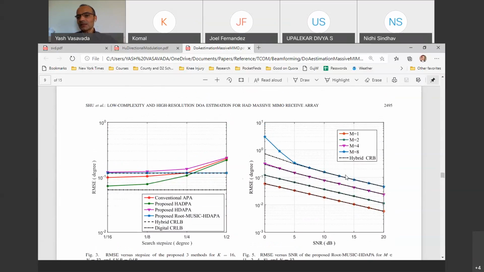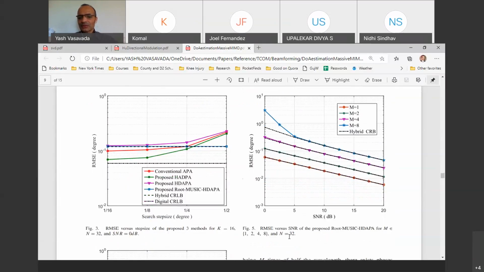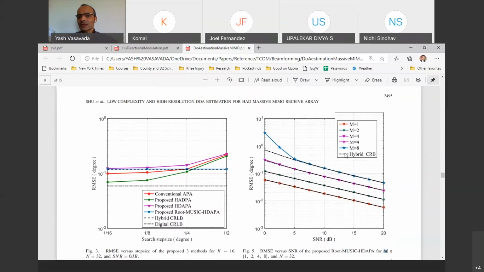The dotted line is the Cramer-Rao bound, and the solid lines are their simulation performance, and they are showing that their simulation output is matching the theoretical Cramer-Rao analysis. And they are showing that if suppose they have a total of 32 elements and they create subarrays of size 1, 2, 4, and 8, what will be the performance?